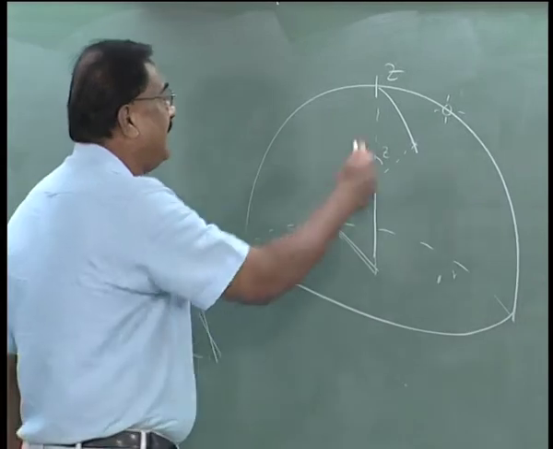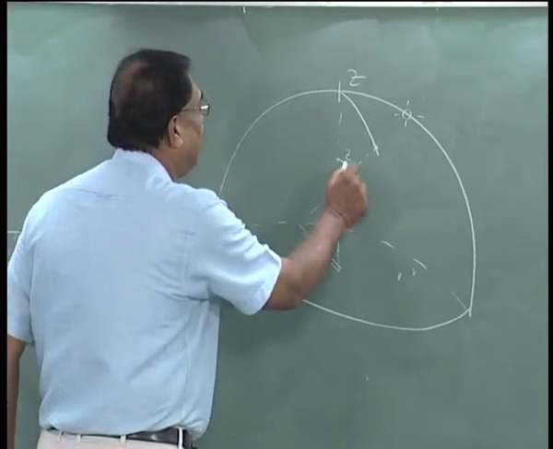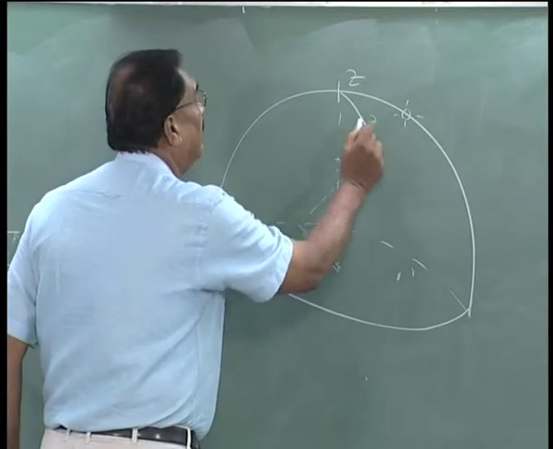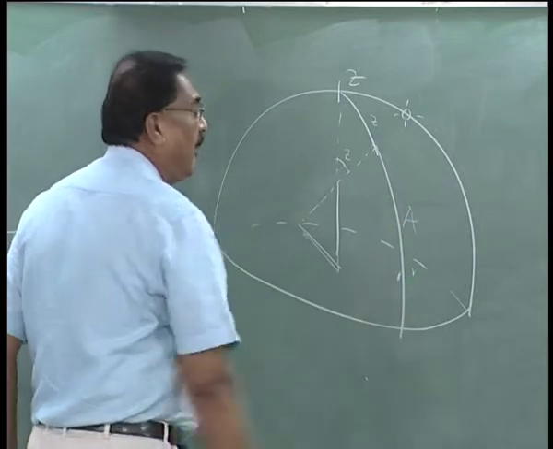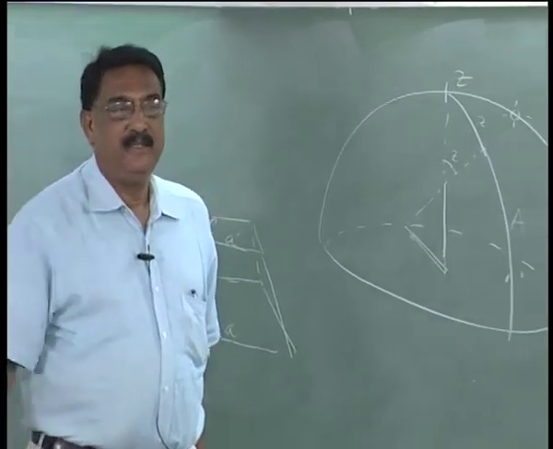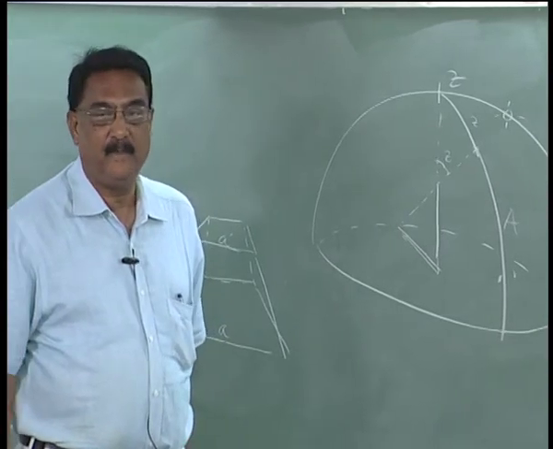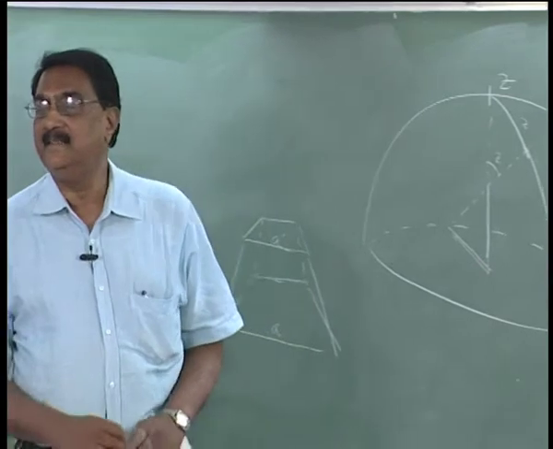This angle, the angle at which the sun's rays are falling, that Z is called the zenith distance, okay, and then 90 minus zenith distance is called the altitude, A. That is how many degrees above the horizon the sun is in the sky, and how much it is below the zenith is the zenith distance.